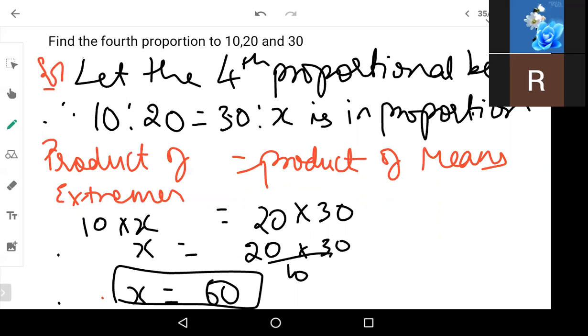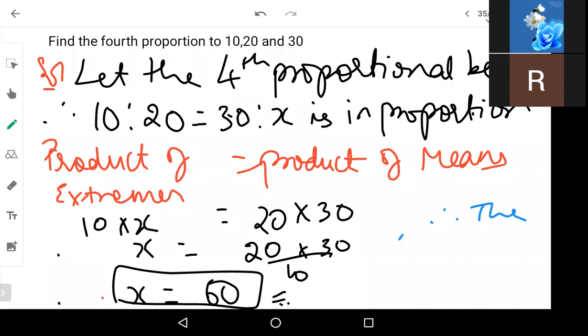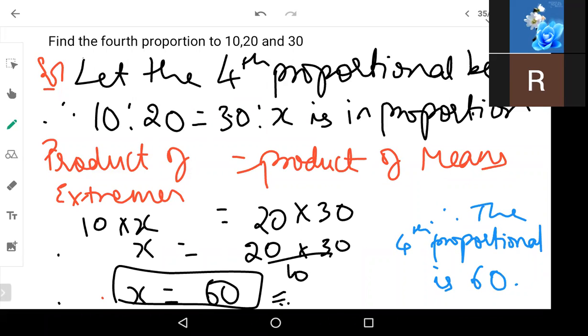So this is the answer. So therefore the fourth proportional is 60. Write that down. Write the conclusion. Therefore the fourth proportional is 60. Clear? Yes?